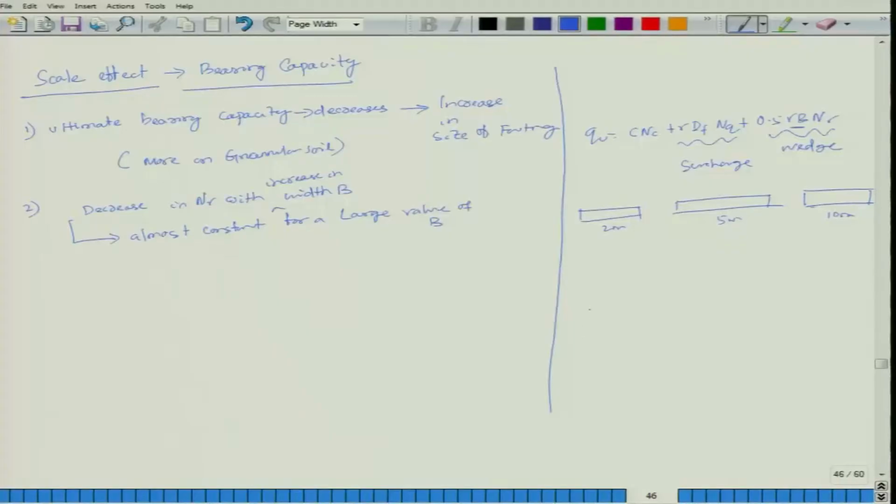For a large value of B, it will increase, decrease, or you can say that it remains constant. For a large value of B, whatever you increase beyond this width of the foundations, the bearing capacity remains constant. So, why is this happening? This is called your scale effect.